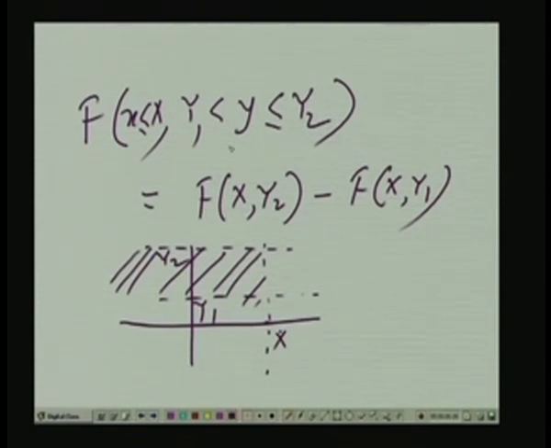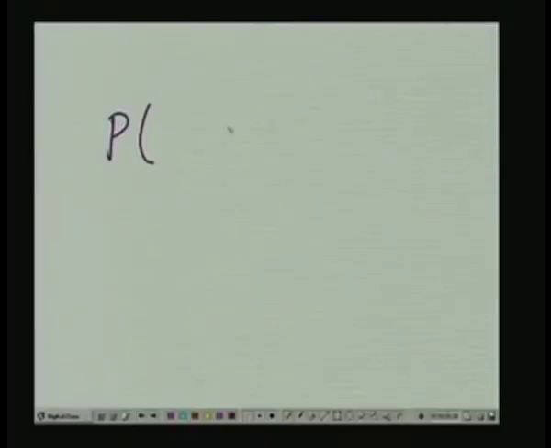This now we can generalize further. How about a more general thing, that is, the probability of x lying within two limits and y also lying within two limits.